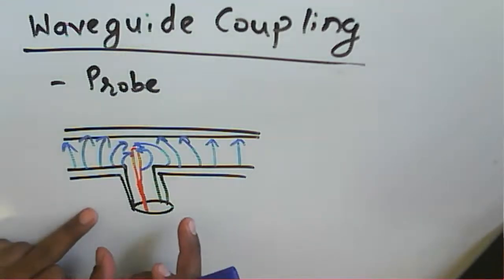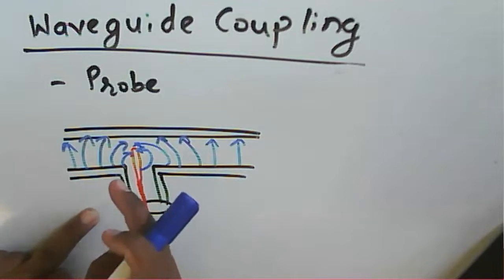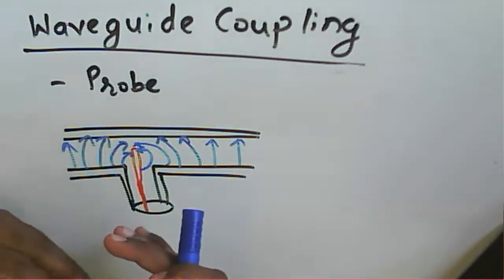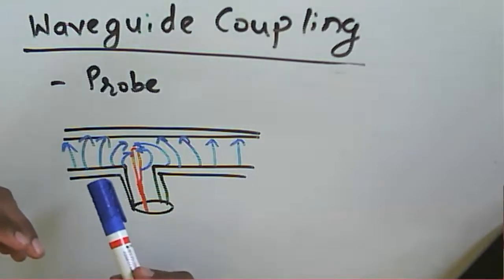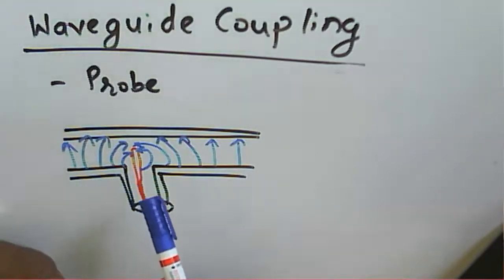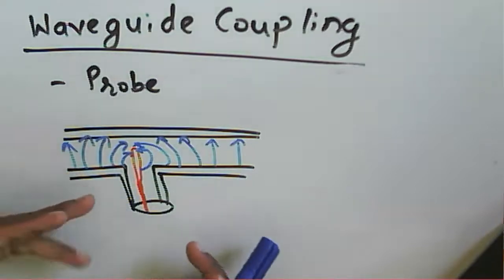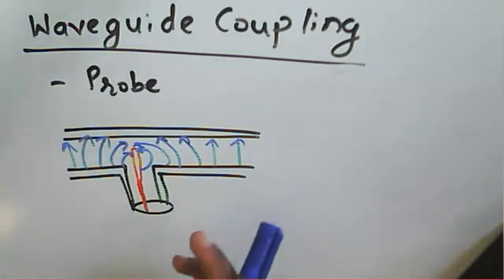Now in that probe coupling, at what particular location we are inserting the probe, according to that the efficiency of the signal propagating through the guide will be increased or decreased.